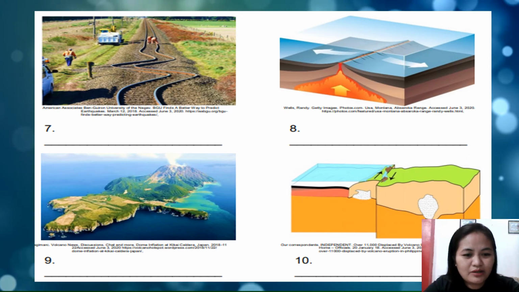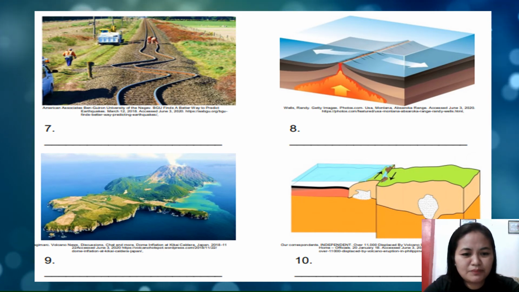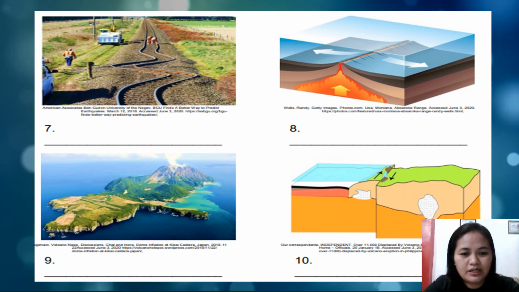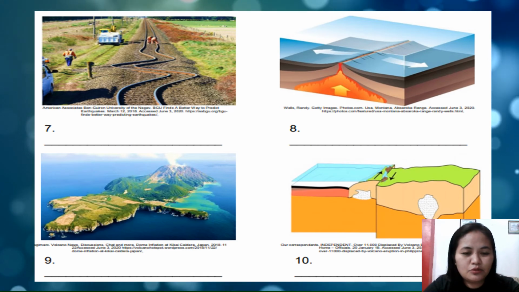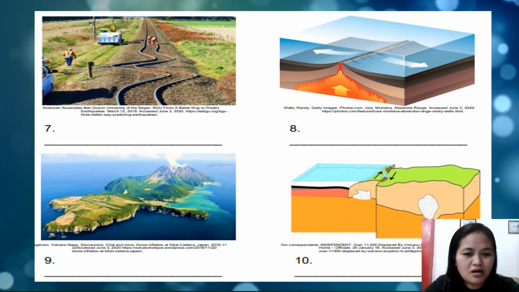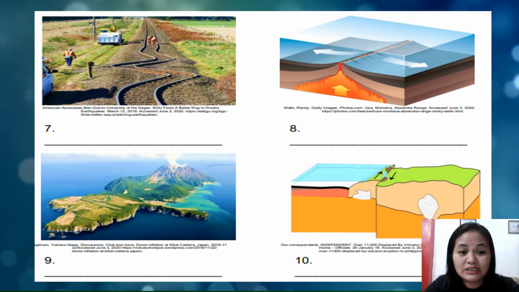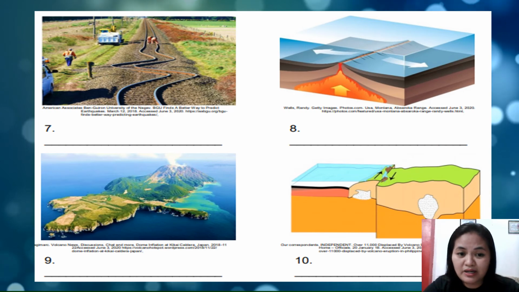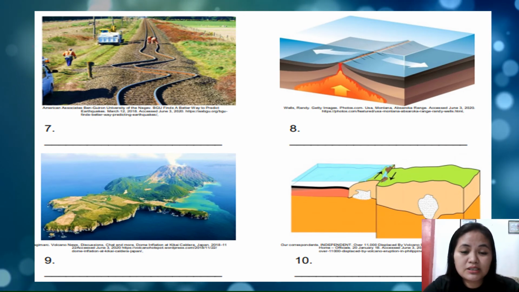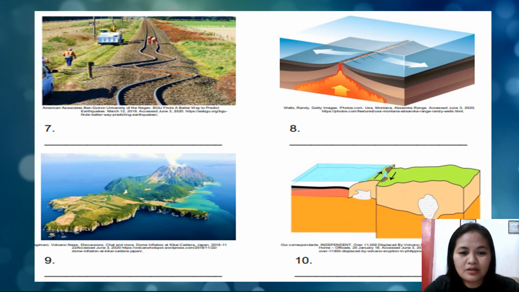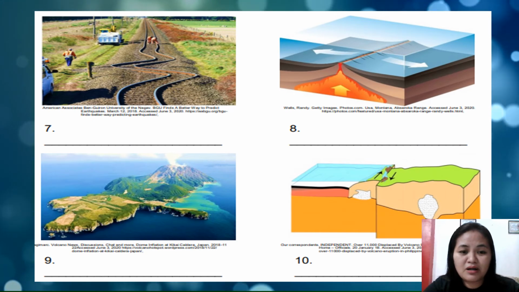Number 9 na tayo, guys. What is in the picture? Alright, so you can see volcanic arc, island arc. When there is volcano, of course there is magma. And how does magma form? Bakit nagkakaroon ng magma?